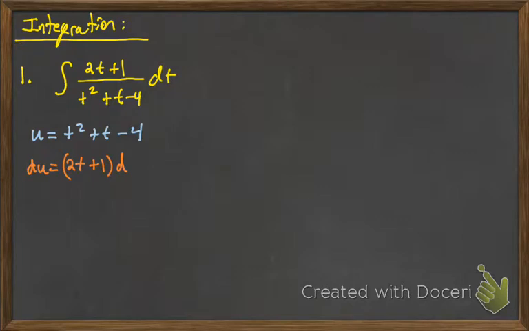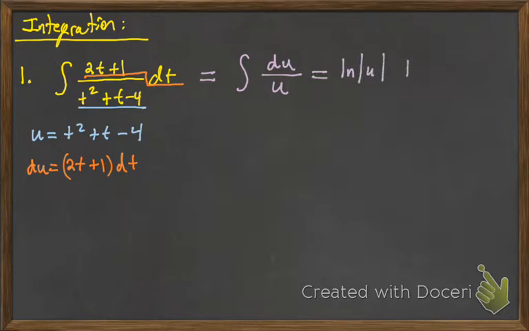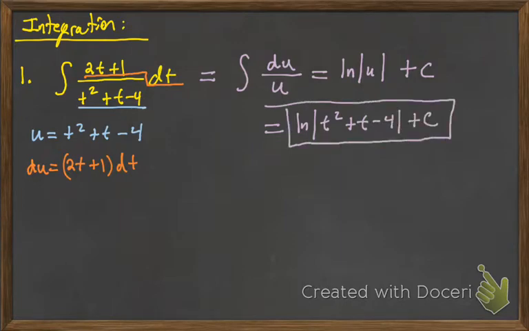And so the goal for the U substitution is to replace everything with t or x or whatever the variable is with expressions of U. Okay, so the top will become du and the bottom will become U. And then that is ln absolute value of U plus C. And then, of course, we'll replace the U with the t squared plus t minus 4, and then plus your constant of integration there.